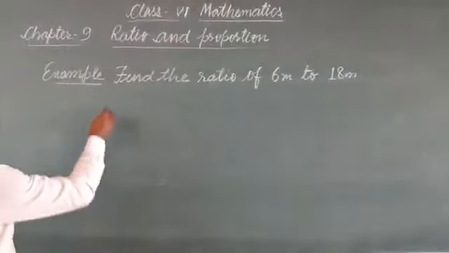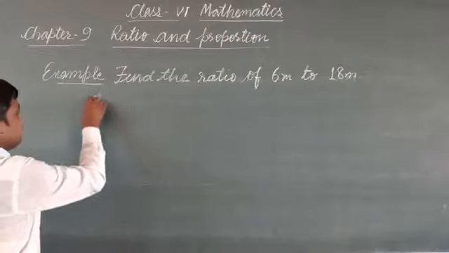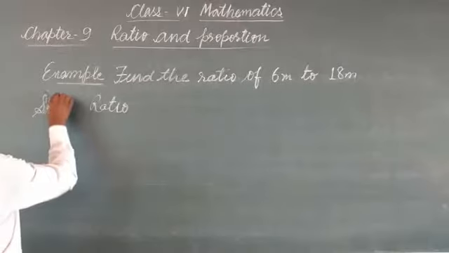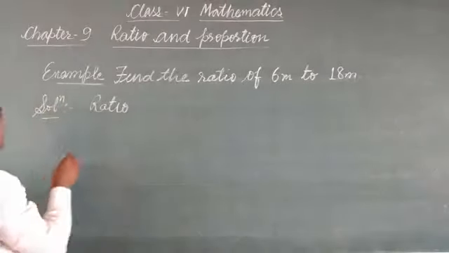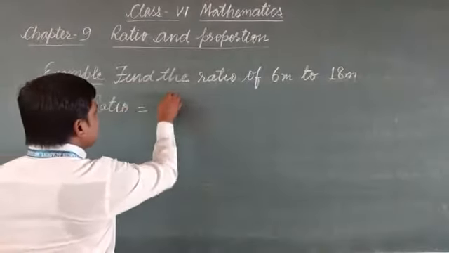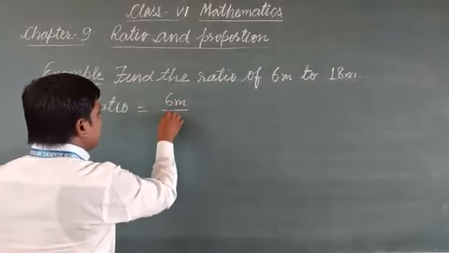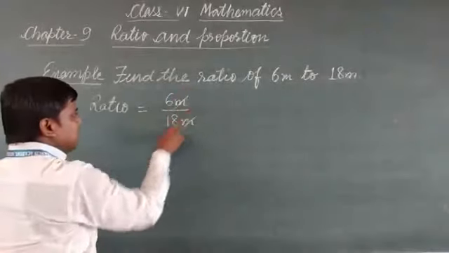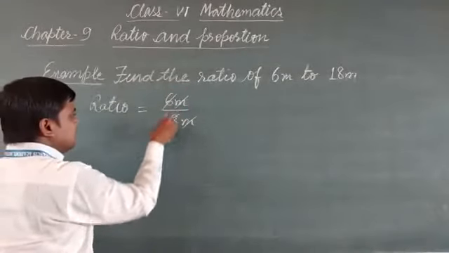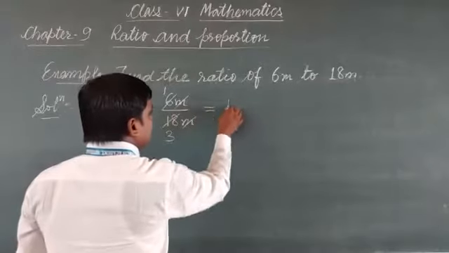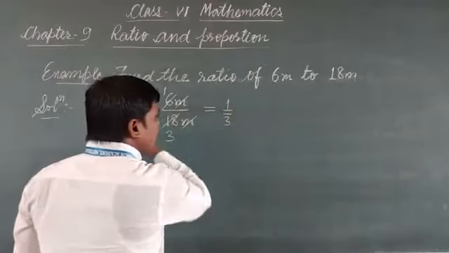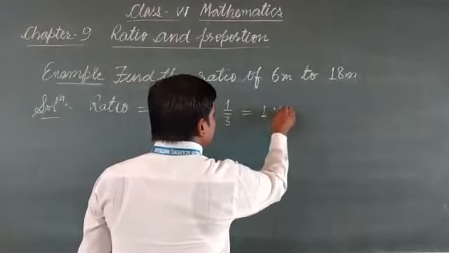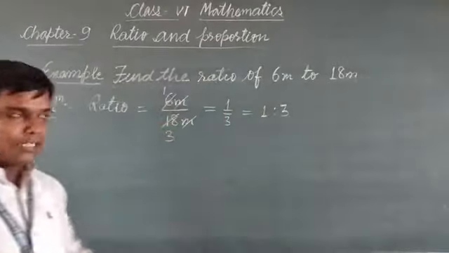In this case, the solution: ratio is equal to 6 meters by 18 meters. Meters cancel, 6 threes are 18, 6 ones are 6. So it will be 1 by 3, or you can also write 1 is to 3. This is the required ratio.